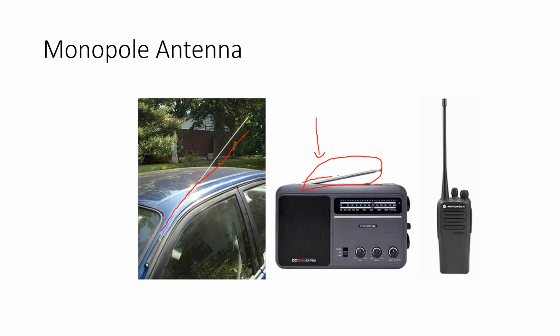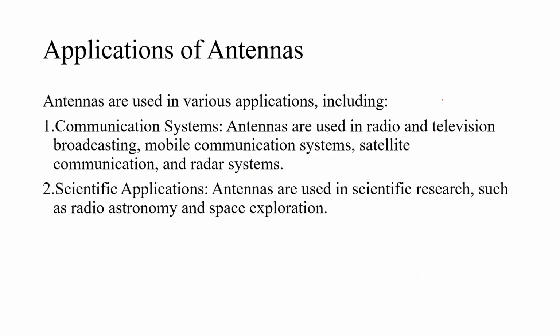This is a stretchable conducting element, which is the dipole antenna to receive radio signals. And this one we know very well, that is the walkie-talkie. This is the monopole antenna, that is a dipole antenna.